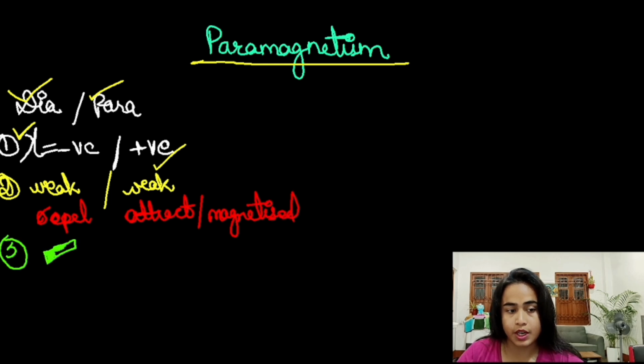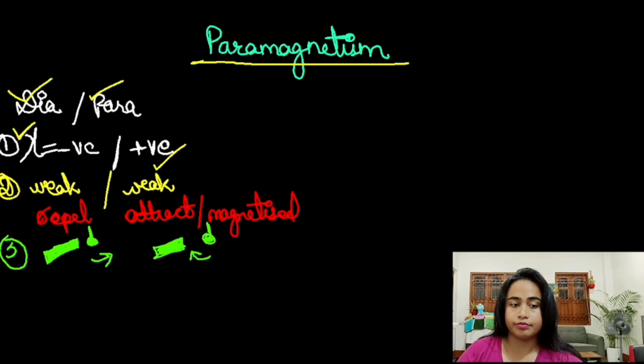The third point I would like to compare is, if this is your magnet and if I hang a diamagnetic substance, it's going to repel. Or if I take a para substance, in the same experiment I perform, I hang it, it's going to get attracted.